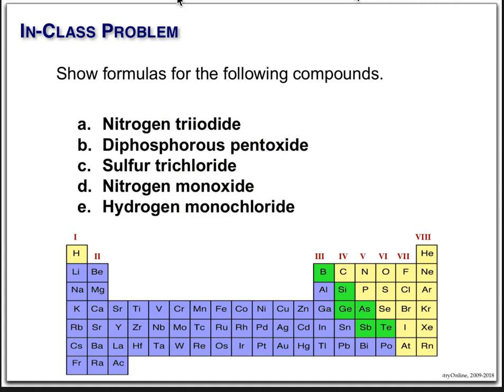Now, the fact that we use multipliers makes this drop dead easy to go backwards, right? 1 nitrogen, 3 iodides. 2 phosphorus, 5 oxygens. 1 sulfur, 3 chlorine. 1 nitrogen, 1 oxygen, just say no. 1 hydrogen, 1 chlorine.